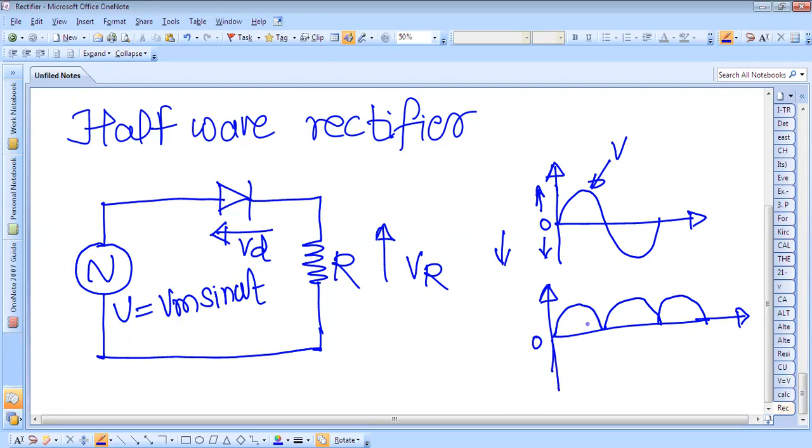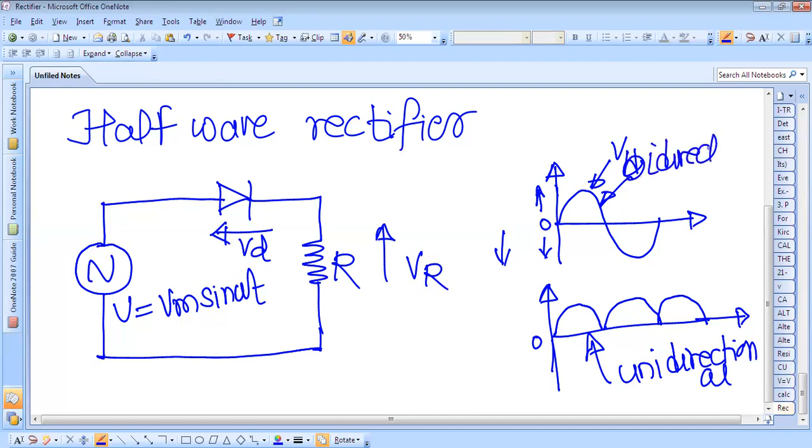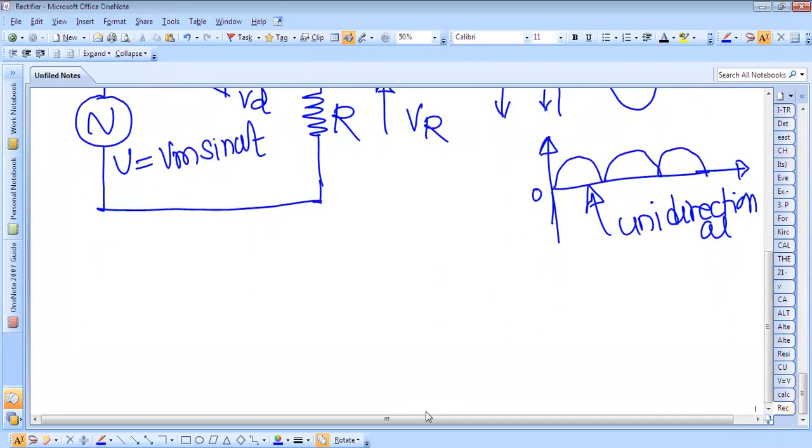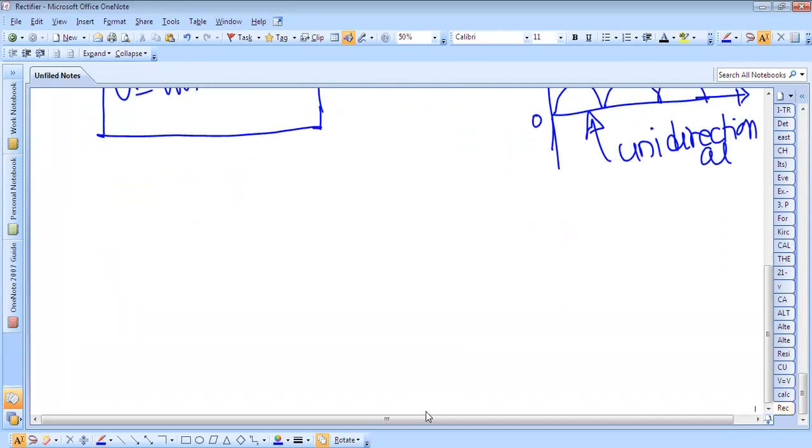So this voltage is unidirectional, because it is only in one direction, and this is bidirectional. Okay, so in this way the diode is used as a rectifier, and the device that makes such a process possible is a diode.